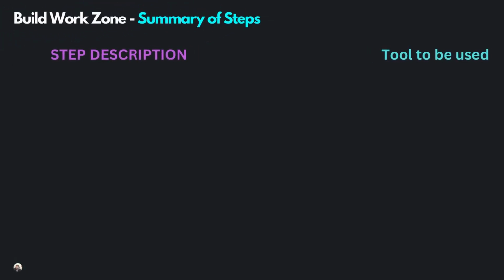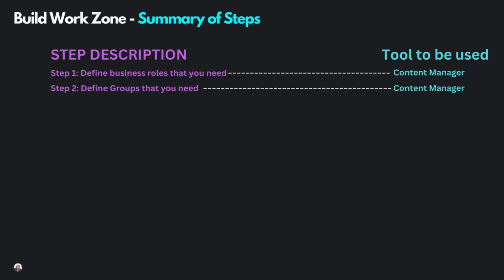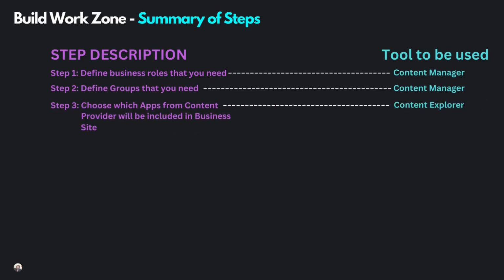So just to summarize the steps involved in setting up the layout of your business site: define the roles in the content manager of your Build Work Zone. Define the groups that you're going to use to collect the apps. Choose which of the applications from the content provider are going to be made part of the content manager using the Content Explorer.